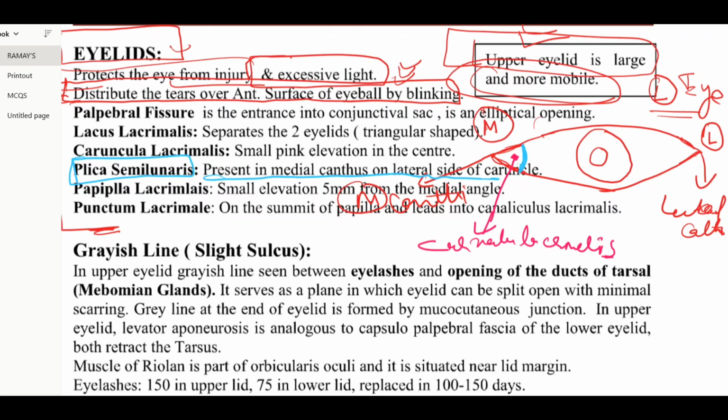I have already told you that this is the medial canthus. It is present on the lateral side of the caruncle. This is the lateral side. Okay, so this is the plica semilunaris. This is the caruncle.